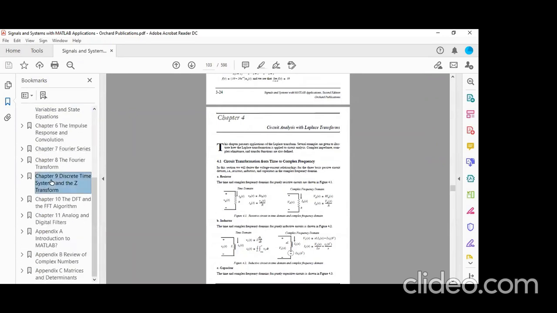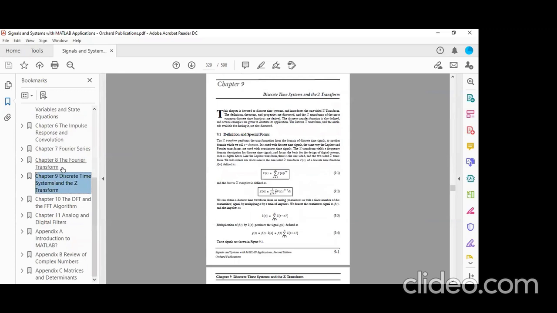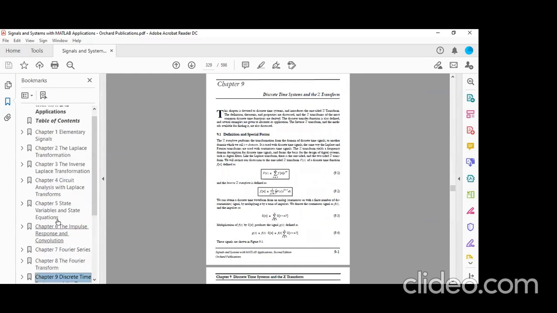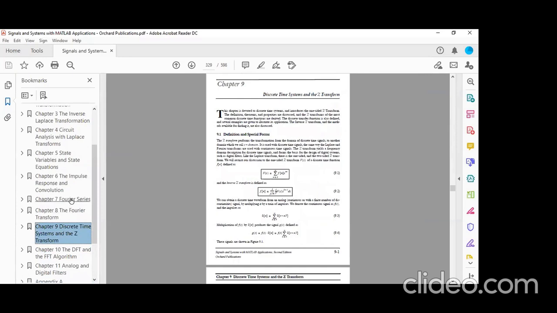Next week we're going to be talking about chapter 9. If you follow the outline, that is one, then discrete signals, and then we're going to do chapter 5, which is state variables and convolution. Well, we're taking a shortcut through convolution. Then 7 and 8.